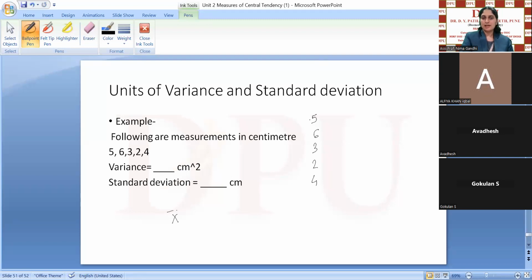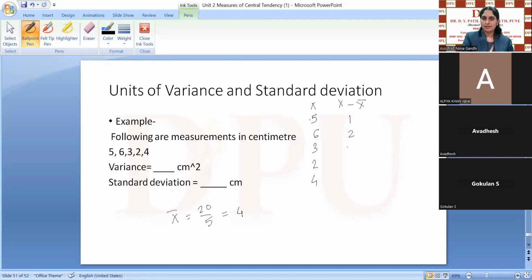So what is your x bar here? Your x bar is 20 by 5, that is 4, right? So this is x minus x bar. 5 minus 4 is 1, 2.